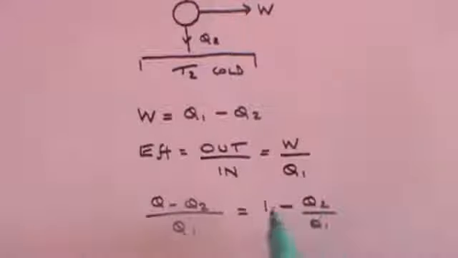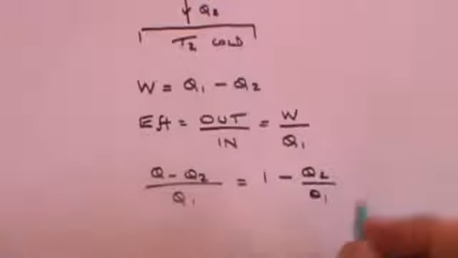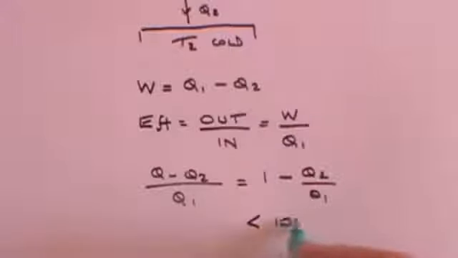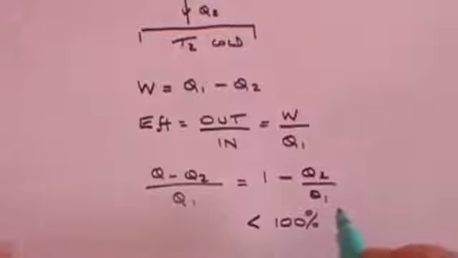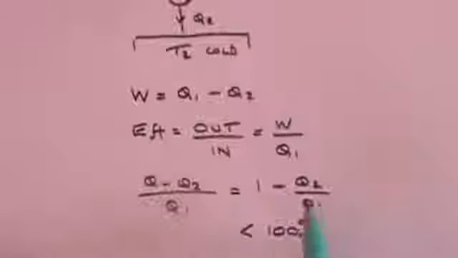So the efficiency is going to be 1 minus a fraction, which means it's going to be less than 100%. So the efficiency of an engine which converts heat into work must always be less than 100%, because otherwise the engine won't work. And that was a crucial piece of work that Carnot discovered.